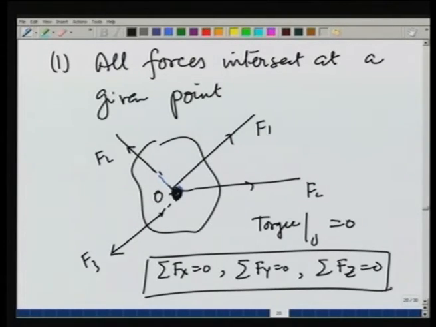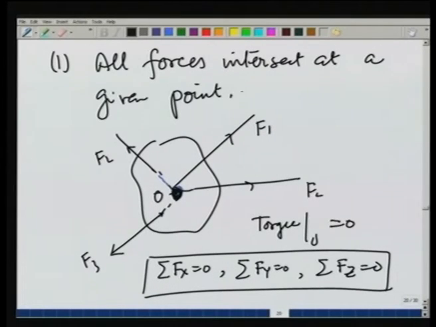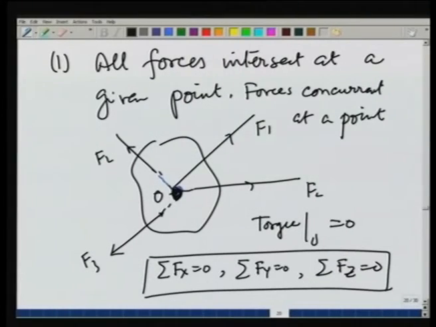The forces that intersect at a particular point are known as forces concurrent at a point. So, for forces concurrent at a point, the only equilibrium conditions are summation f x equal to 0, summation f y equal to 0, and summation f z equal to 0.